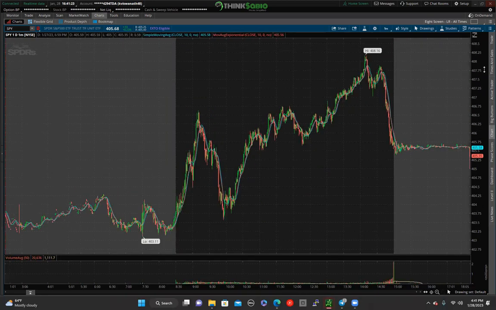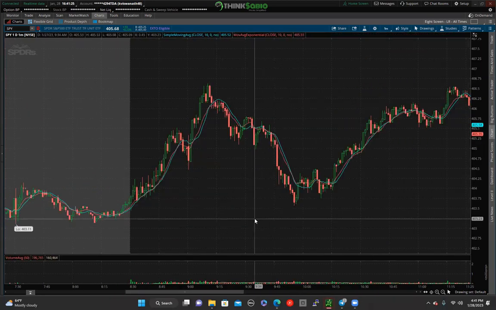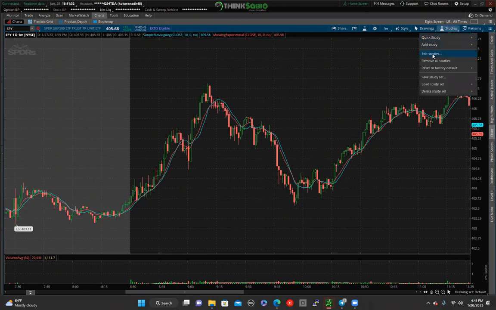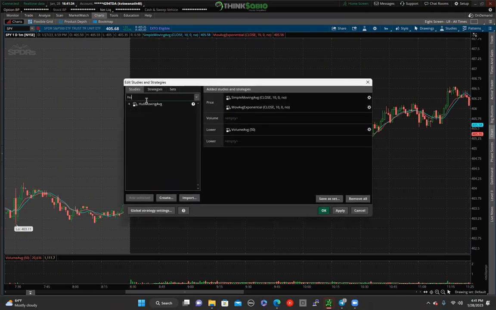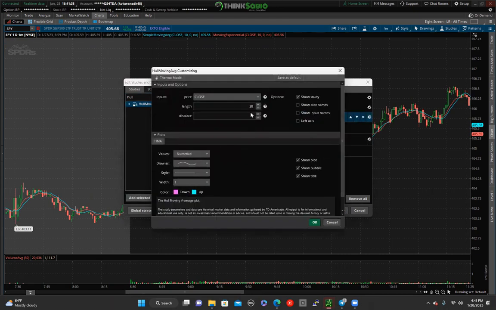There is the simple moving average, which is slow, and the exponential moving average, which is a little faster than the simple moving average. There is one more moving average called the Hull moving average that is faster than any of these.